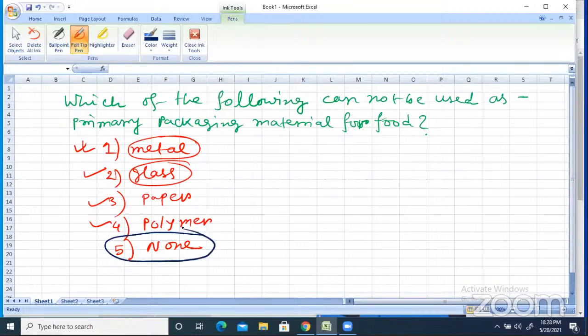But in the case of 2-piece and 3-piece cans, we are using metal, but there is lacquering, so not direct contact with metal.